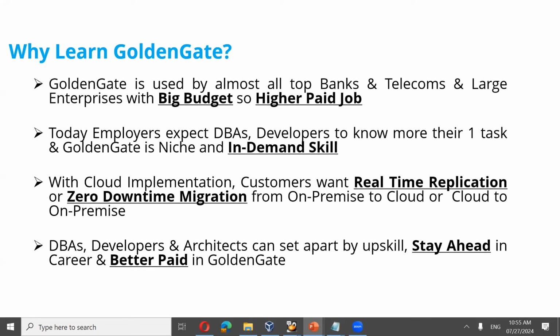I always say one thing: always keep upgrading yourself. Trust me, you won't have any issue. Every year, every cycle, the bottom 10 to 15% of people always have a sword hanging on their job. Because organizations have to cut their budget, right?